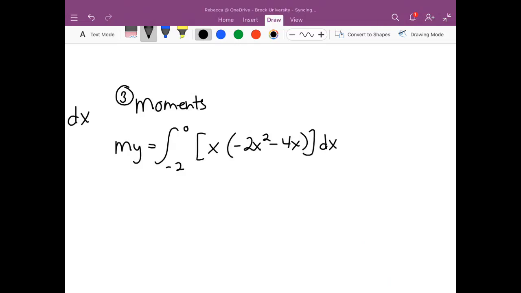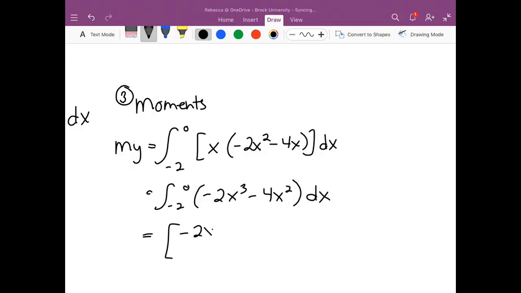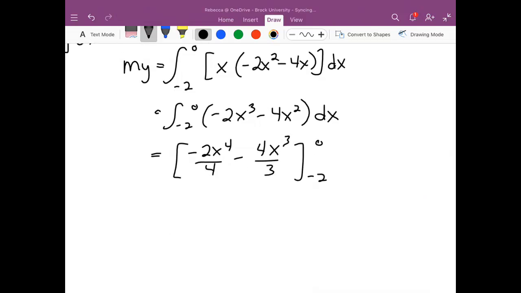Okay. So I'm going to multiply the x through, which gives me minus 2x cubed minus 4x squared. And if I integrate that, I get negative 2x to the 4 over 4 minus 4x cubed over 3. I'm going to simplify that because I know 2 divided by 4 is a half.